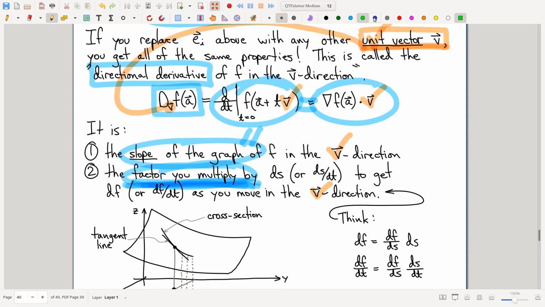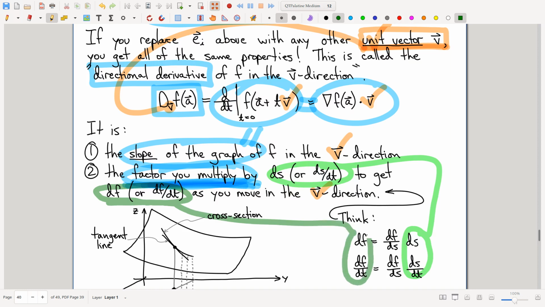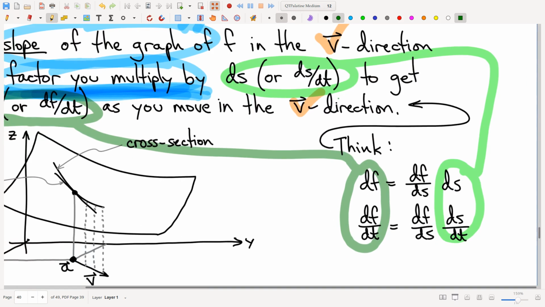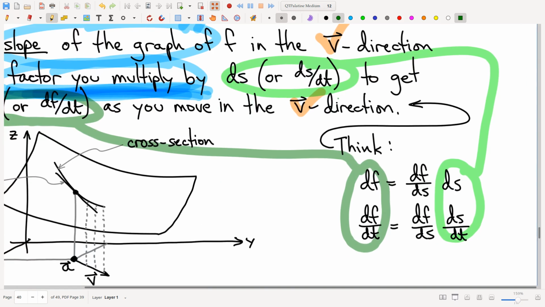Here is what I'm multiplying by input changes, which I think of as either discrete changes ds or rates of change ds/dt, to get the output change, either df or df/dt. And now I ask rhetorically, what should we call the thing that we multiply by ds to get df? A pretty reasonable choice is to call it df/ds.